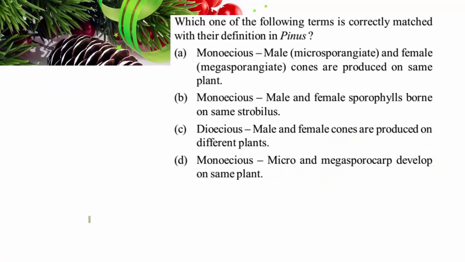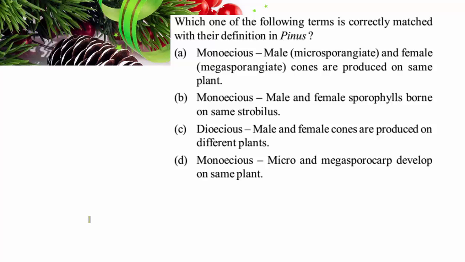The next question, which of the following terms is correctly matched with their definition in Pinus? Pinus is a member of gymnosperms, and with respect to Pinus, some options are given.